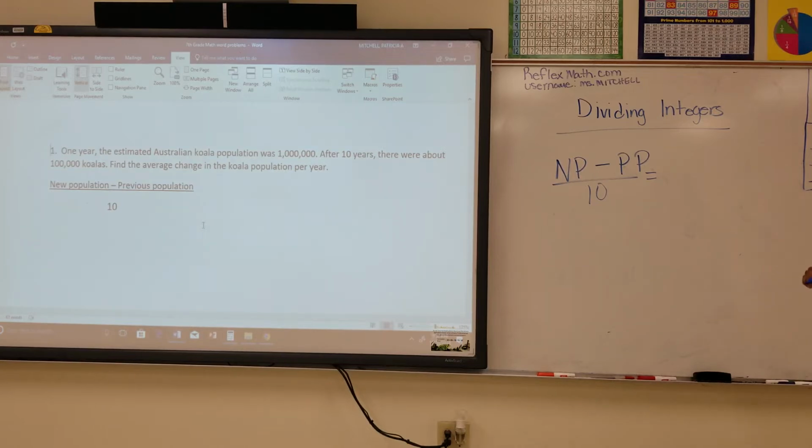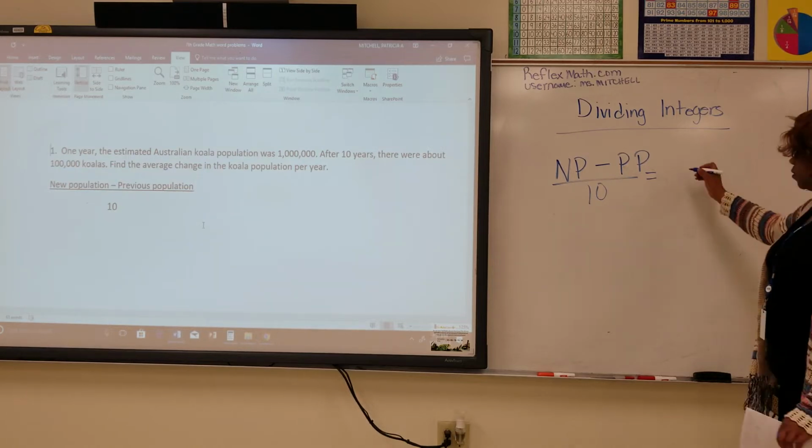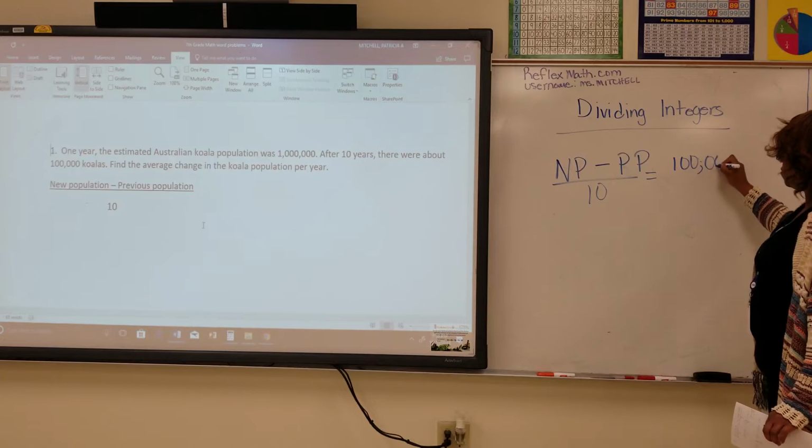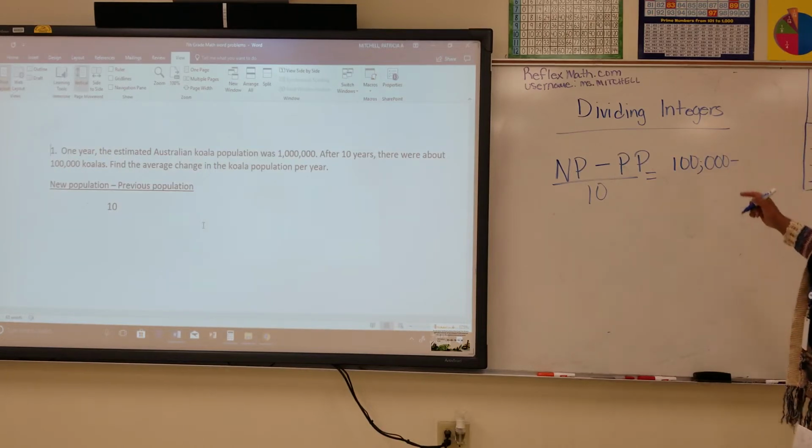The new population is 100,000, minus the previous population, which is 1 million, divided by 10.